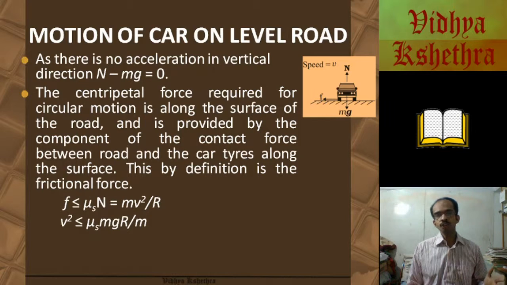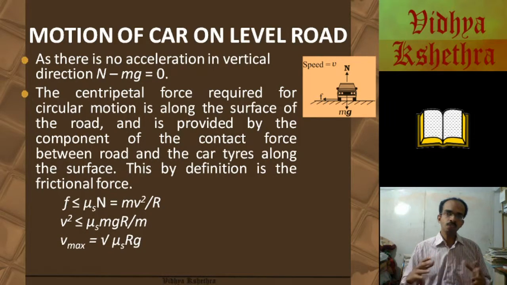That means v square will be less than or equal to mu s into mg r by m. Here both the m's get cancelled and we get V max, that is the maximum velocity with which the car can go in circular motion, as root of mu s into r g, where mu s is the coefficient of static friction, r is the radius of the circular path, and g is the acceleration due to gravity.